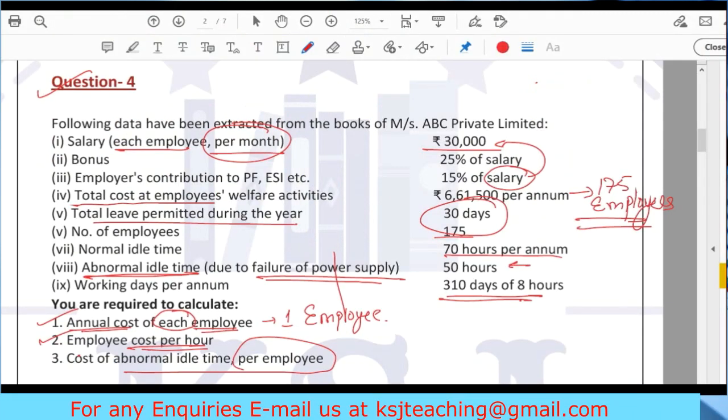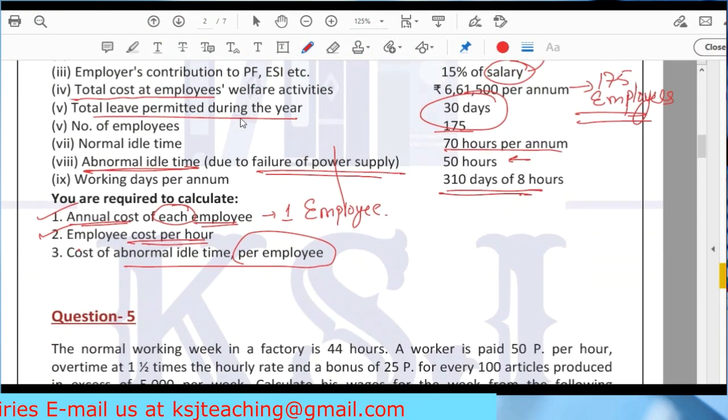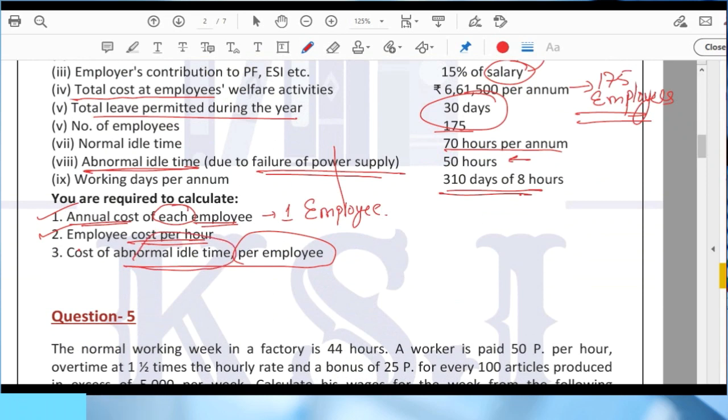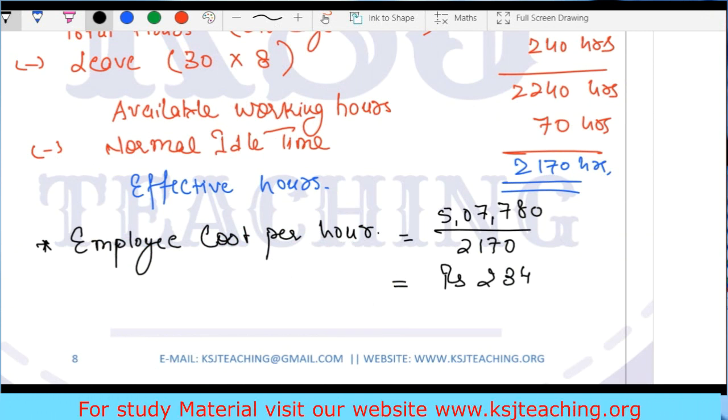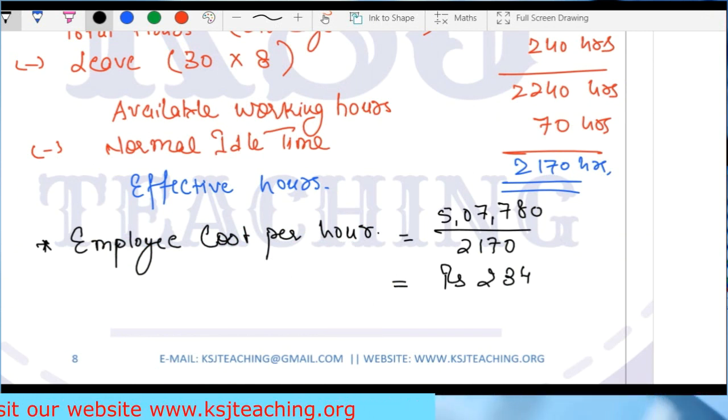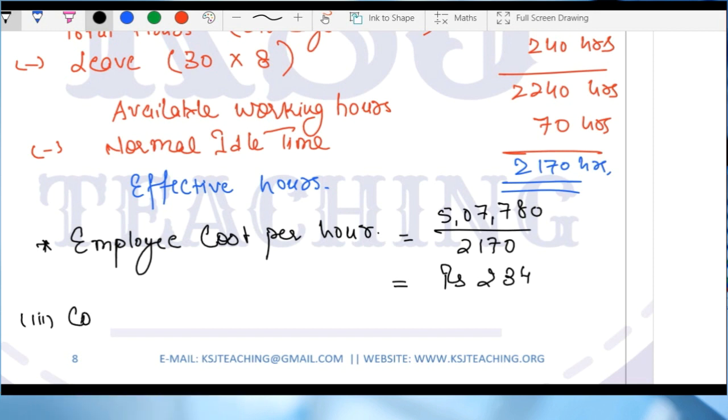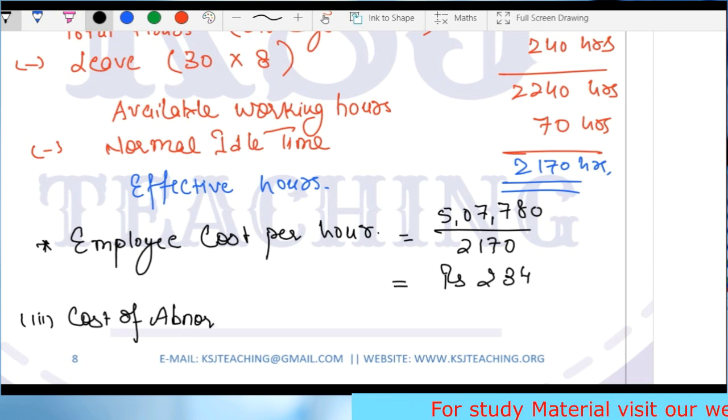Okay. Now the third part says you have to calculate the cost of abnormal idle time per employee. What is the abnormal idle time? 50 hours. Sir, what is the cost that we have to bear for those 50 hours? Cost of abnormal time.